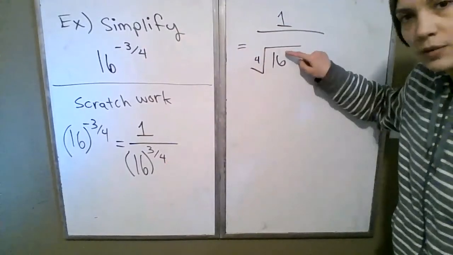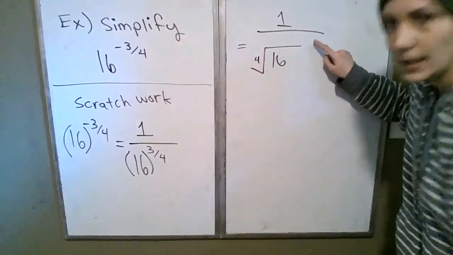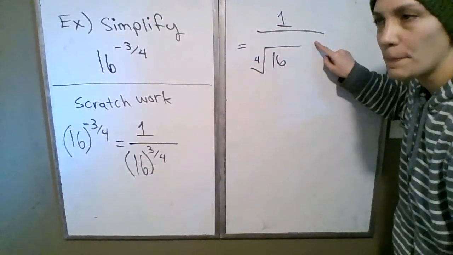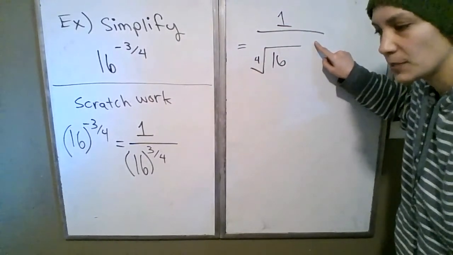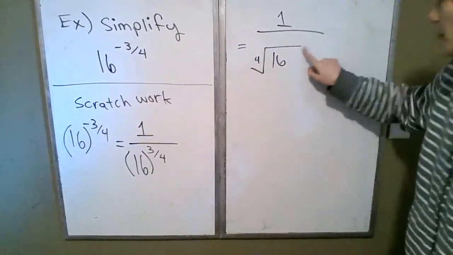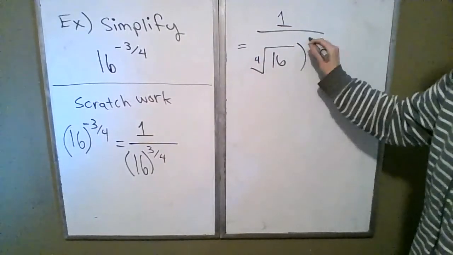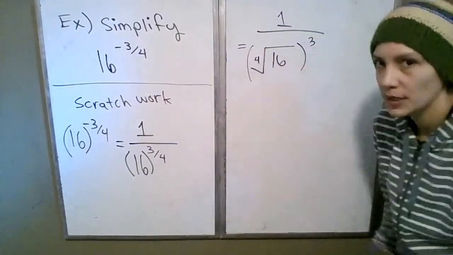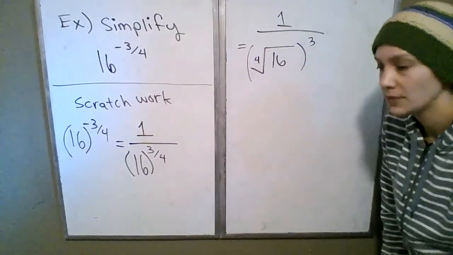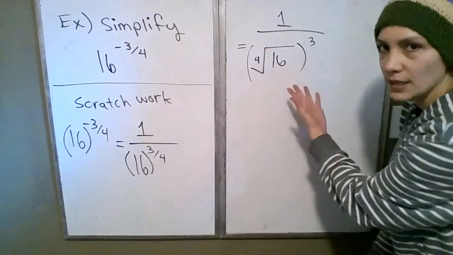And the power 3 could go under the root or outside. I think it would be easier to explain if we put it outside. But you'll get the same answer either way. So it's fine if you put it under or out.